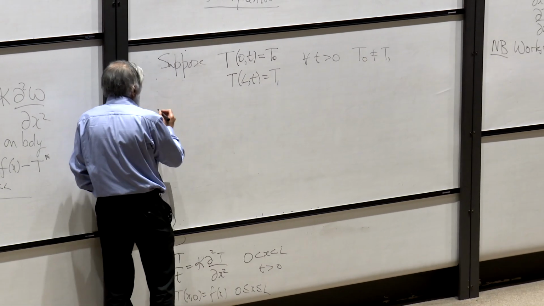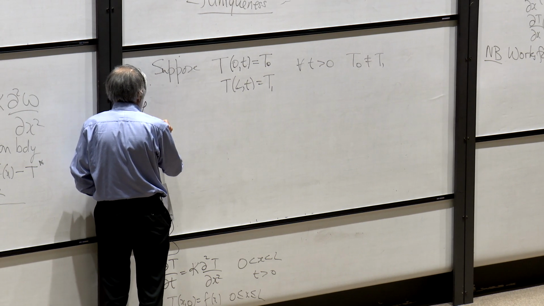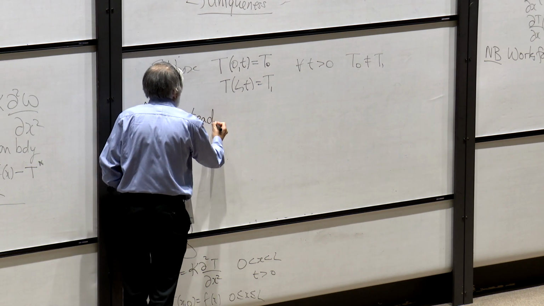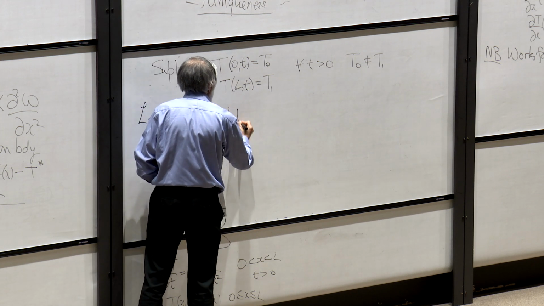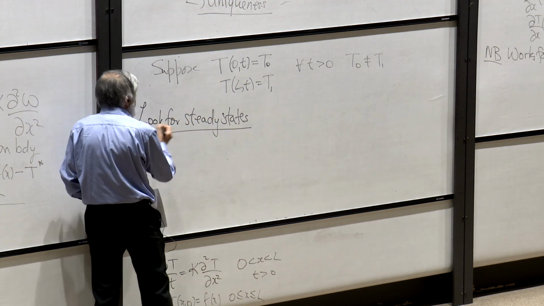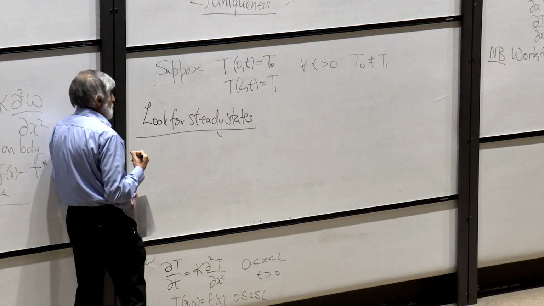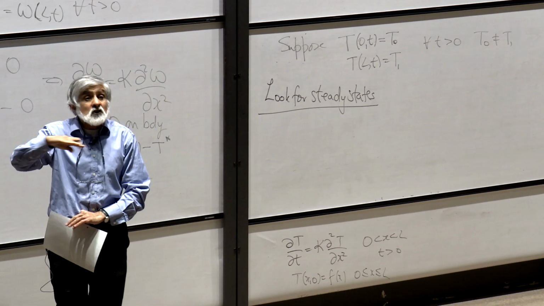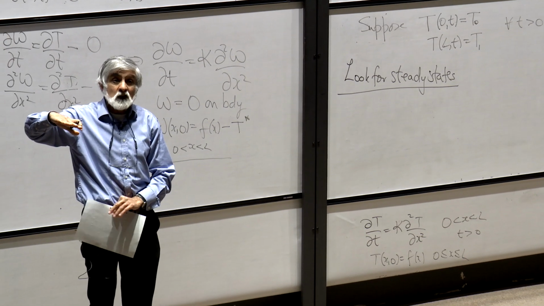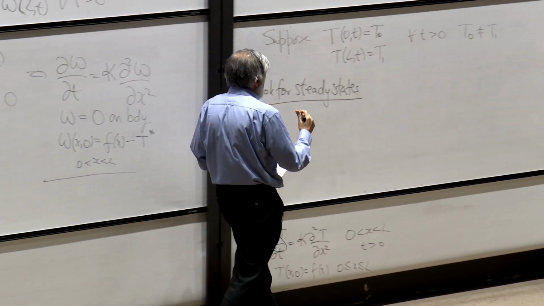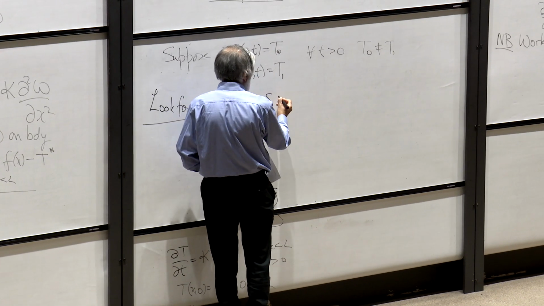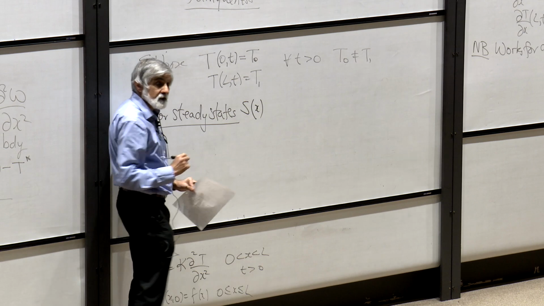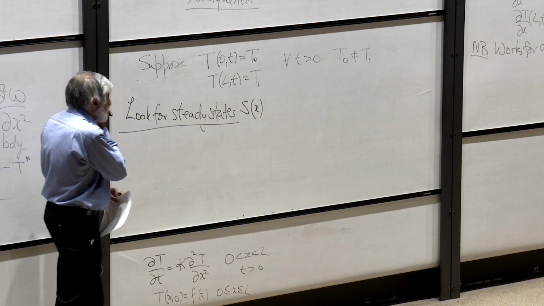So now we do a trick. We look for steady states. Now, a steady state, what does that mean? Steady means it doesn't change in time. So look for steady states, call them S. S just depends on x. Okay?